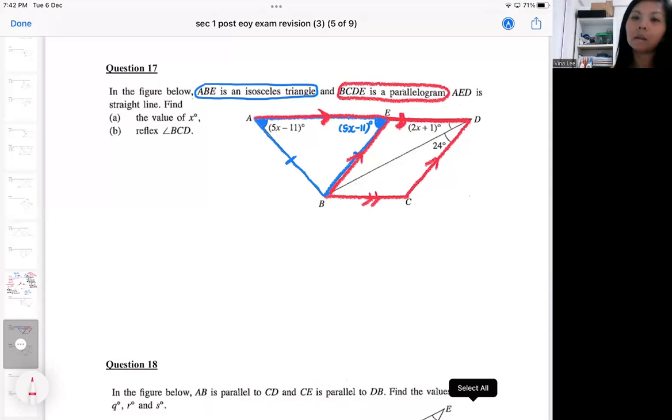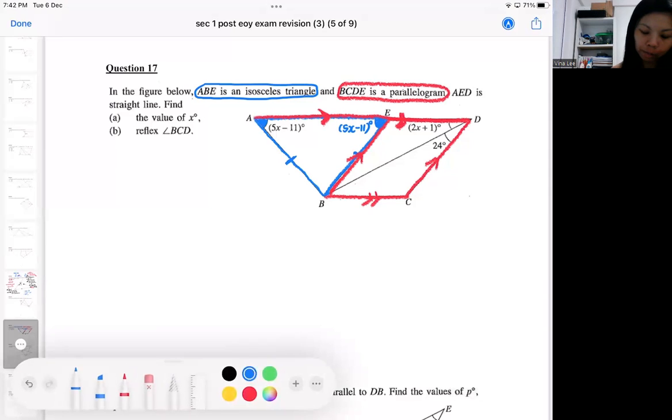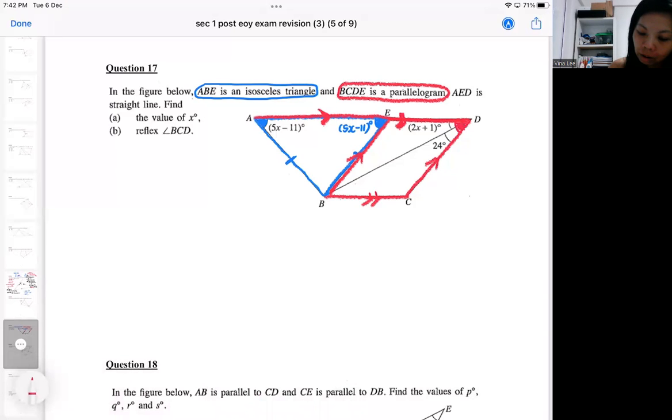And what is the property of a parallelogram? At the moment, these two angles would have added up to 2x plus 25.